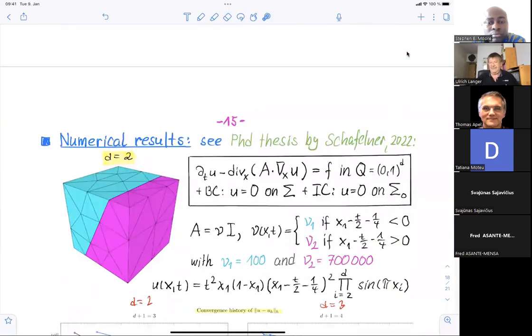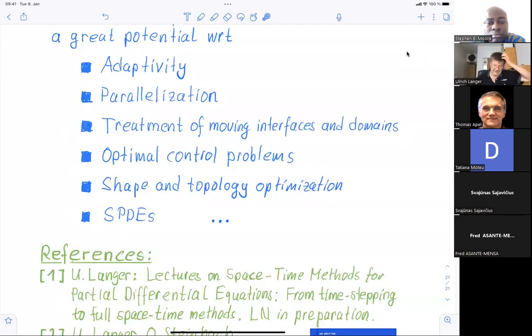Anyway, you have a forward and a backward problem, especially if you need tracking problems all the time. Shape and topology optimization. One of my former PhD students gave a very nice talk on shape and topology optimization for electrical machines using space-time techniques. Stochastic PDEs, and many more.